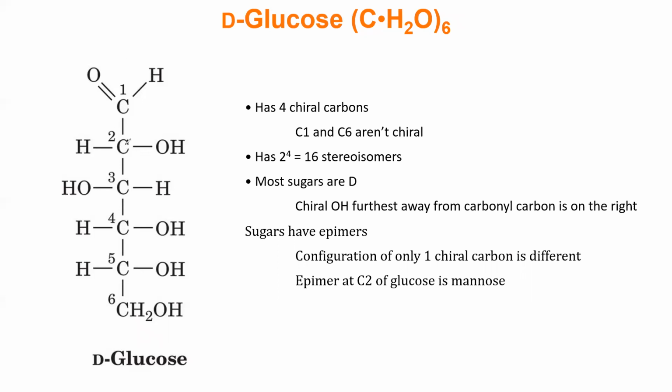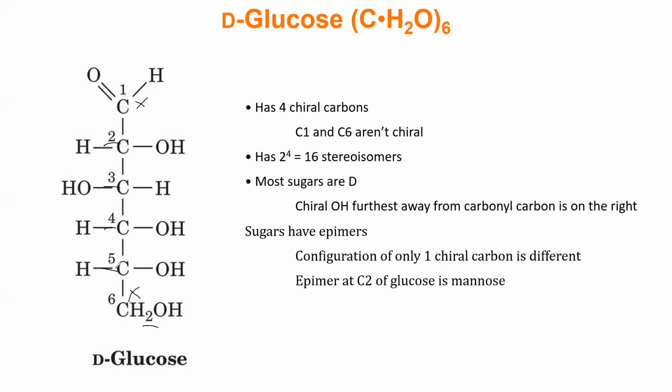Remember, in our brief discussion of chirality, a chiral carbon has 4 different things attached to it. So carbons 2, 3, 4, and 5 all have 4 different groups attached. Carbon 1 is not chiral because it only has 3 atoms attached to it. Carbon 6 is not chiral because it has 2 of the same atom attached. It has two hydrogens, so that does not make it chiral.